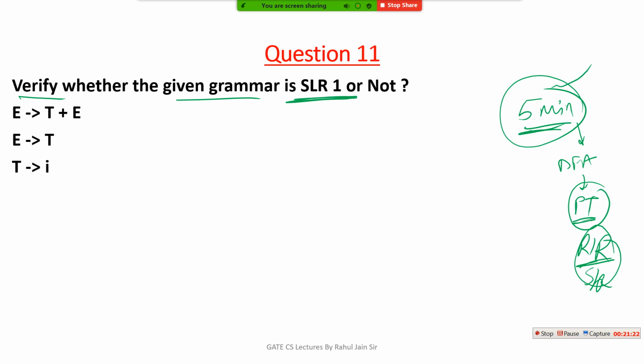Sir, in exam, do we need to make the DFA and parsing table to check whether it is SLR1? Saksham, currently we are checking with the complete procedure. If I think that there is a need of any shortcut, I will tell you. As in LR0, I told you yesterday what shortcut we need to use to verify whether the grammar is LR0 or not. So slide by slide, if there is a need of shortcut, I will tell you.